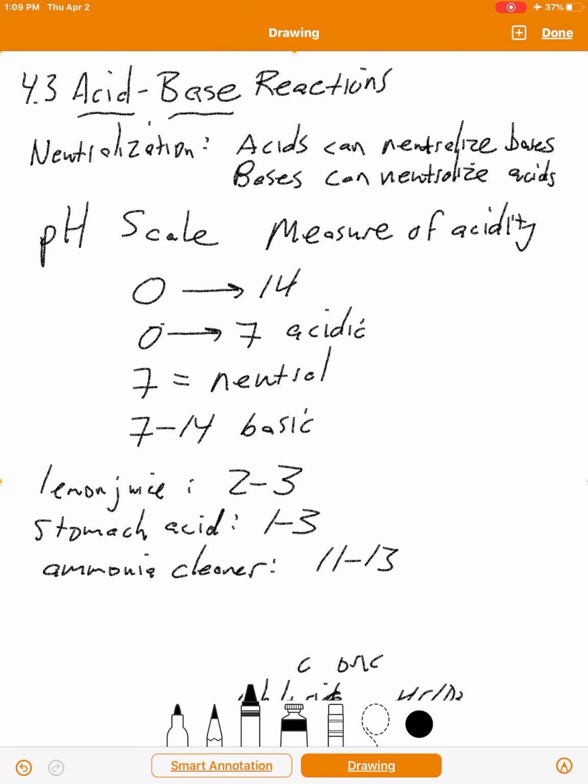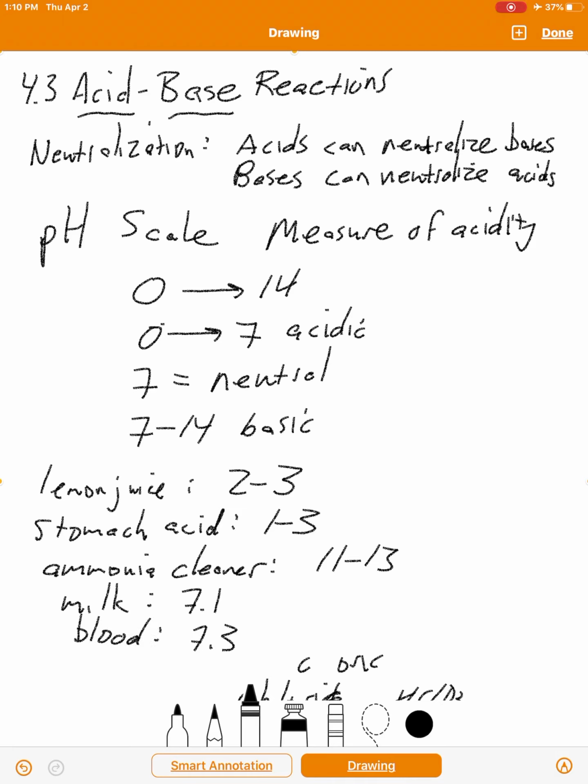So that's a very high pH. Milk, I think, is somewhere like 7.1 or something like that. Blood, 7.3, somewhere around there. So blood is pretty close to neutral, but just a little bit on the basic side. So you'll learn more about that in Chem 12, how to do calculations on that.